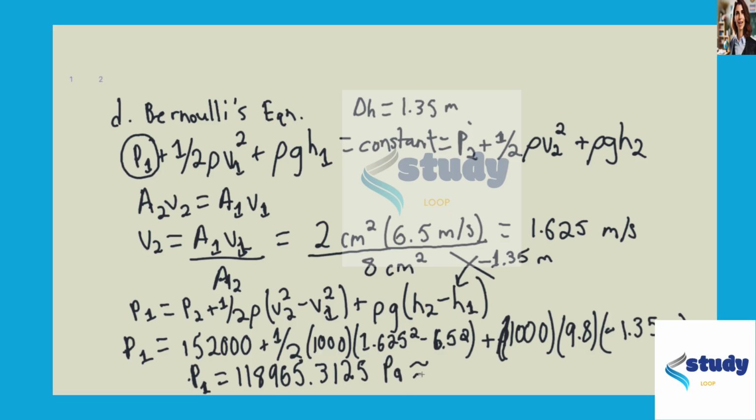We can round and say that this is going to be around 119 kilopascals. So this would be the final answer for part D.